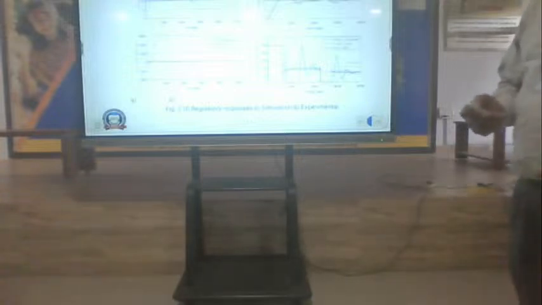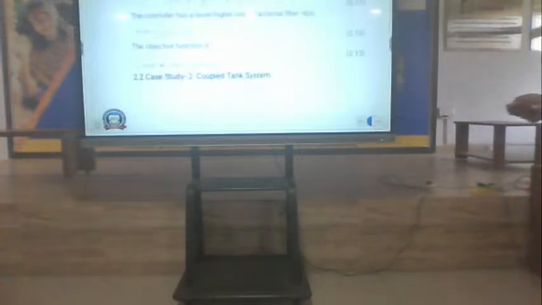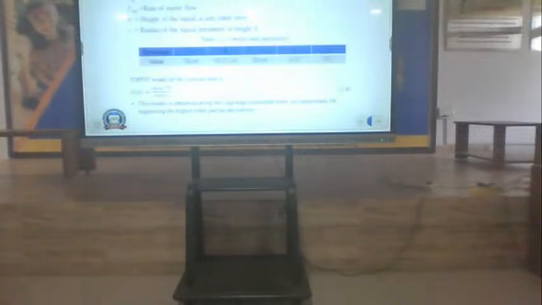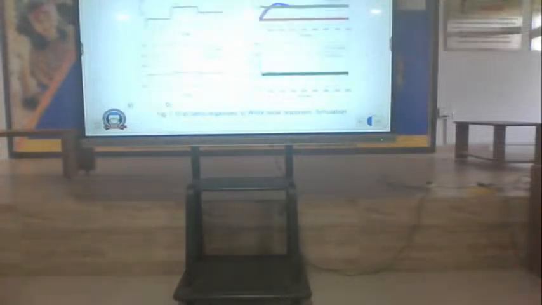Experiment means you will be having the physical system. Yes, I will show the diagram. So this is the experimental system. Here we have two tanks, tank 1 and tank 2.